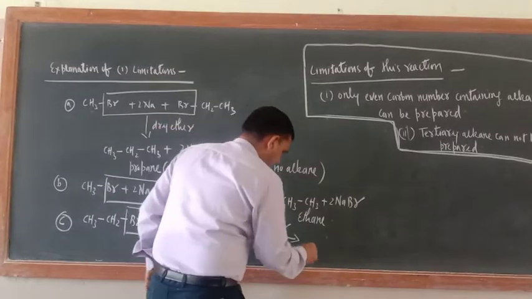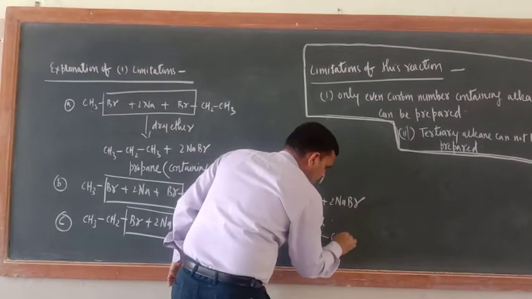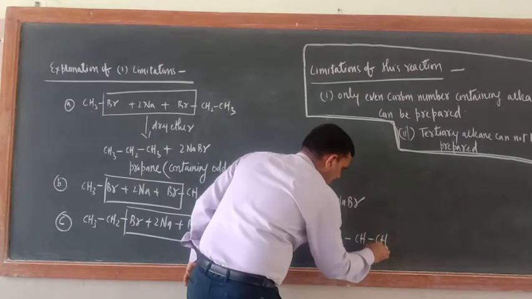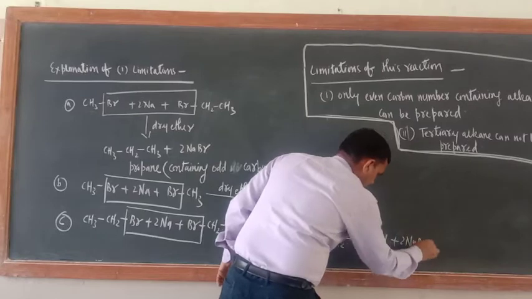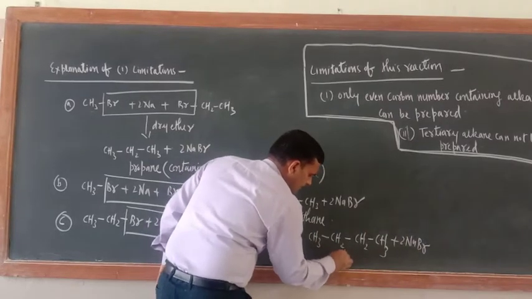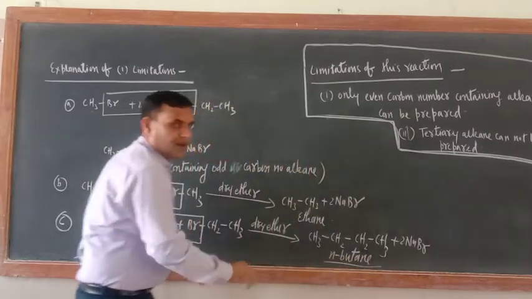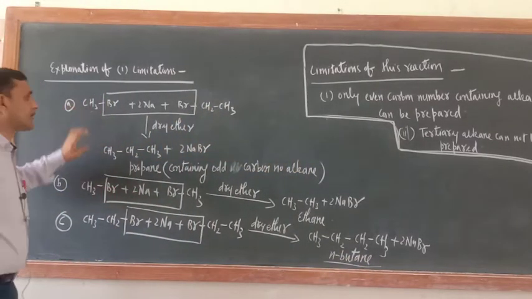What is the product here? CH3 CH2 CH2 CH3 plus 2NaBr. Here you have got n-butane.